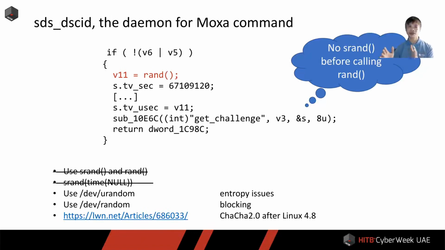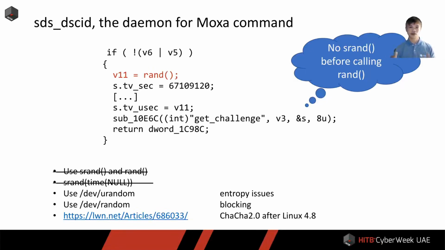You can actually get the random seed from /dev/random, but the problem is that if you are doing it really fast, there might be entropy issues, and it might block the thread.